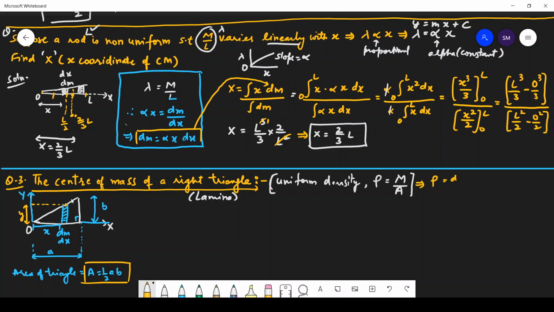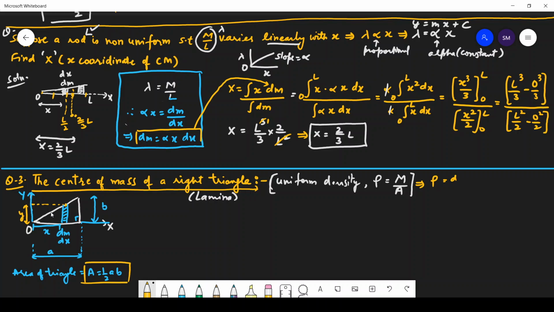Now normally, when you are dividing this triangle into narrow strips, their width will be dx, and the height is also varying here, so their height is y.